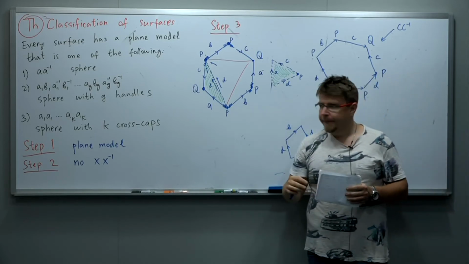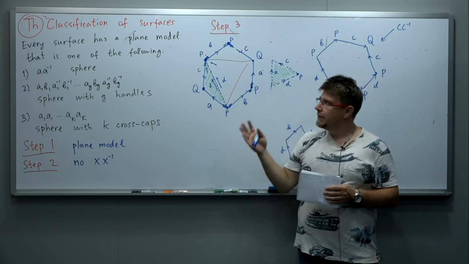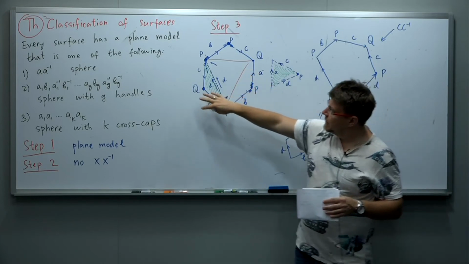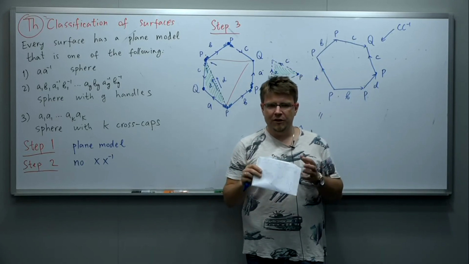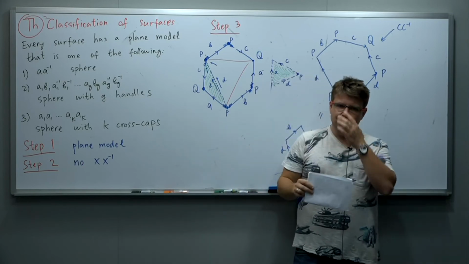But the main lesson here is that if we have several labels on the vertices, the vertices of the original polygon correspond to several different points on the surface.